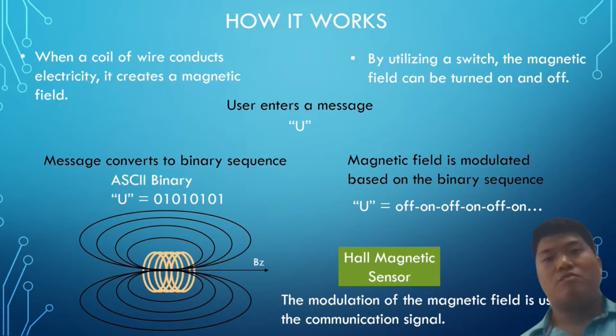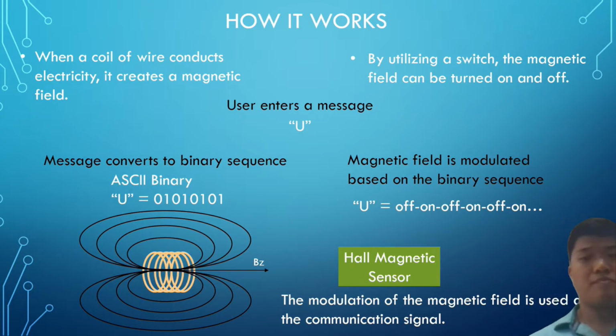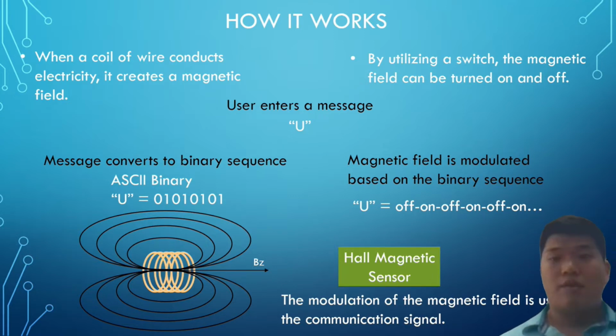So with this concept, for my device, when a user enters a message, say a capital letter U, the ASCII binary code for capital letter U is alternating bits between zeros and ones. And for this reason, I also chose capital U for my signal analysis and my communication synchronization test.